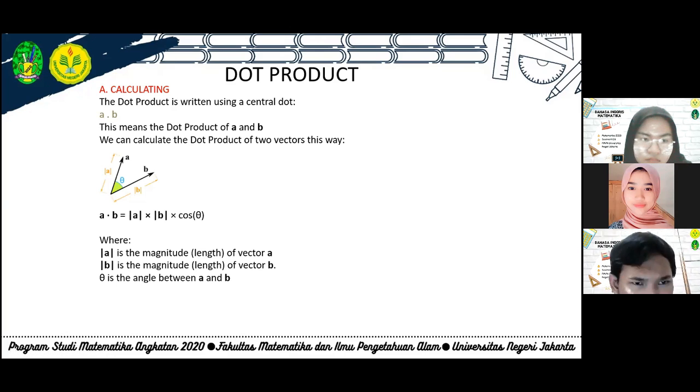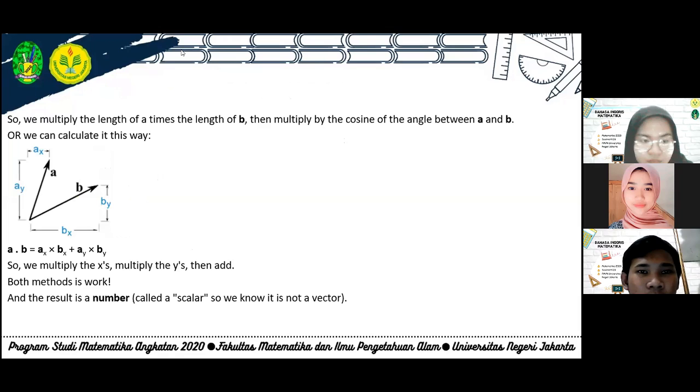A dot B is equal to the magnitude of vector A multiplied by the magnitude of vector B multiplied by cos theta, where theta is the angle between vector A and vector B. So we multiply the length of A times the length of B, then multiply by the cosine of the angle between A and B, or we can calculate it this way.